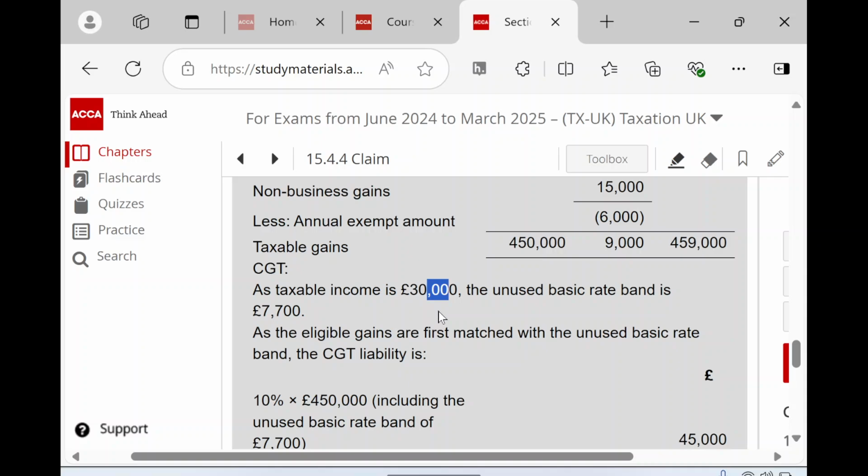The mistake that students would make is to say, well, there's 7,700 of the basic rate band available. I can apply 10% to that. No, no, no, definitely not, because BADR uses up the basic rate band. Okay, so I hope that made sense. Quite a lot in there. If you're confused, then welcome to the world of TX. Don't worry about it. Let's do the question.